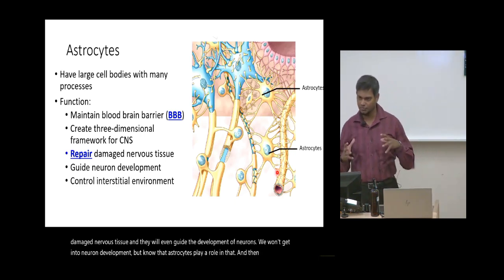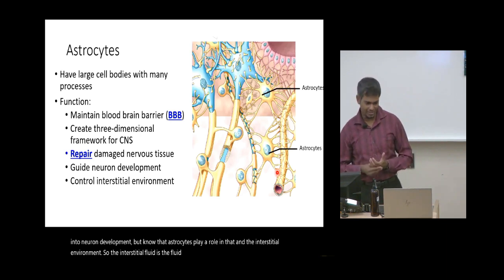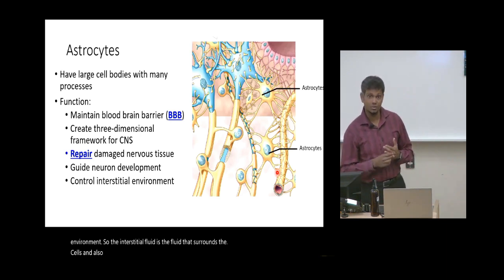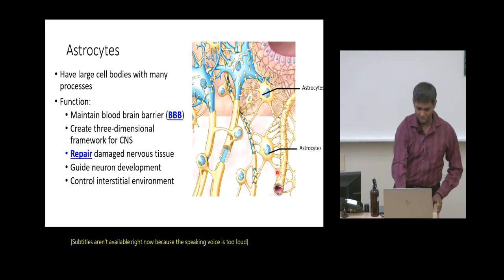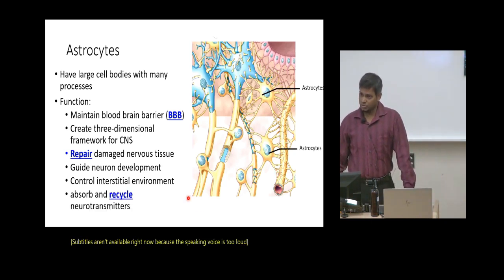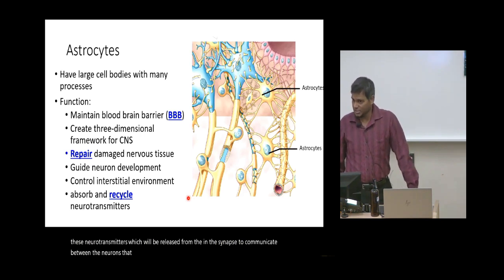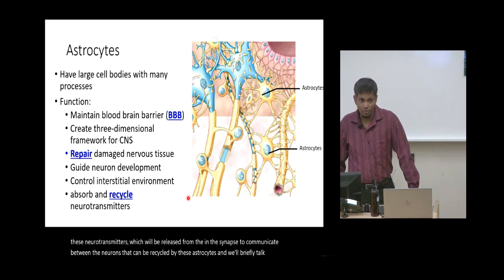The interstitial fluid is the fluid which surrounds the cells and also the blood vessels, and that environment will be controlled by the astrocytes. And also the neurotransmitters which are released in the synapse to communicate between the neurons can be recycled by these astrocytes, and we'll briefly talk about how astrocytes do that when we come back on Monday.